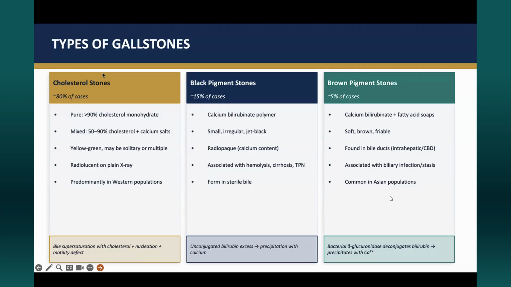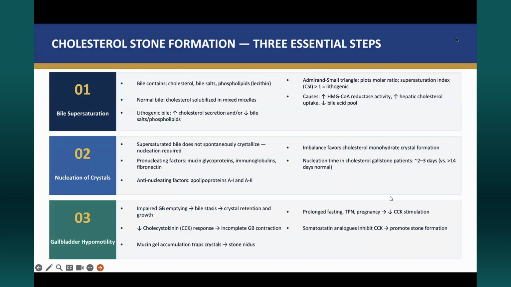Having said this, this is how it works. You have cholesterol bile supersaturation, nucleation, and gallbladder motility. These are the three concepts related to the production of gallstones. So first, you have bile that contains cholesterol. Normally, cholesterol is solubilized into micelles.